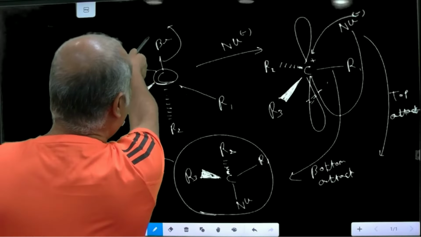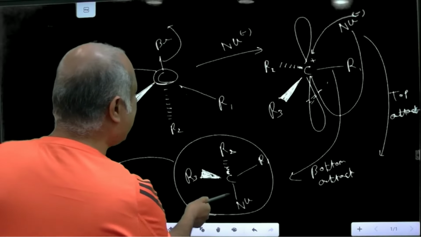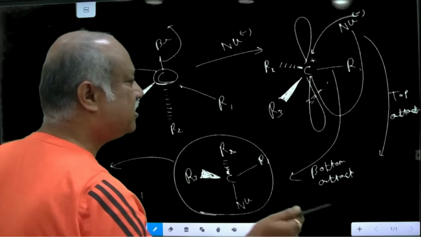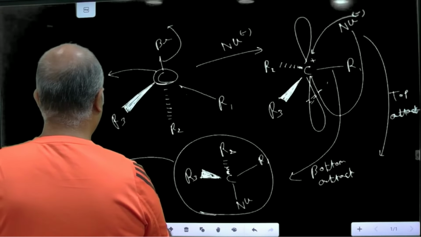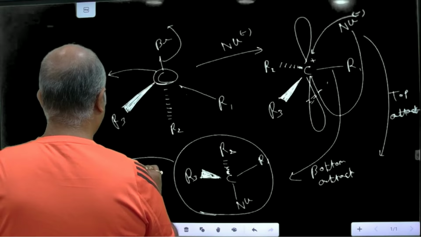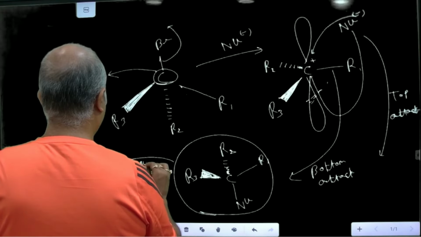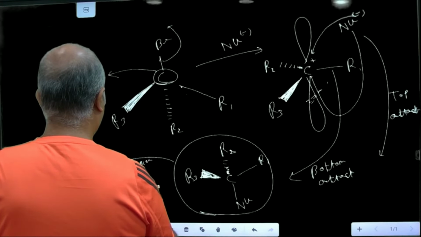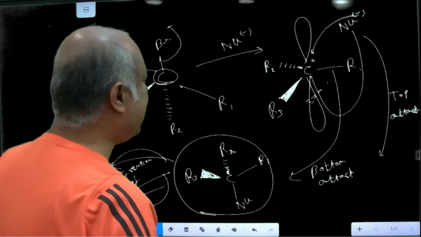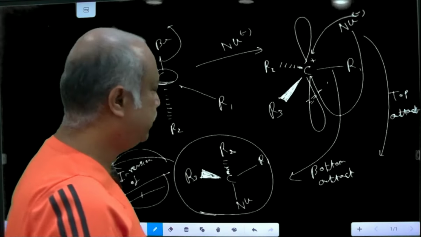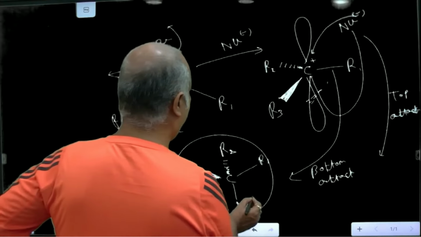When the leaving group, Br, leaves and the nucleophile attacks at the opposite side, that is the inversion of configuration. When you attack the bottom side, that is an inversion of configuration.